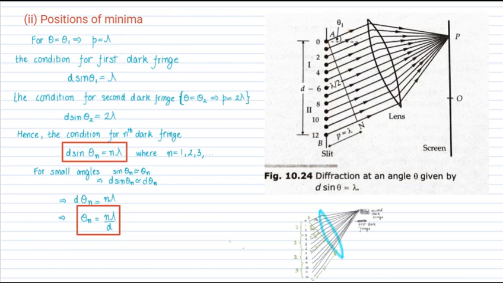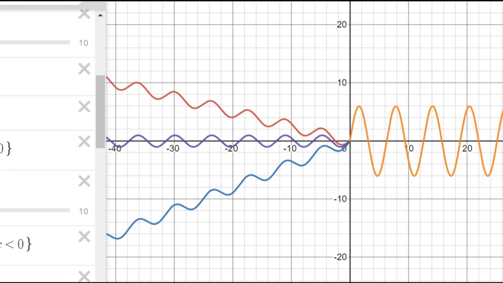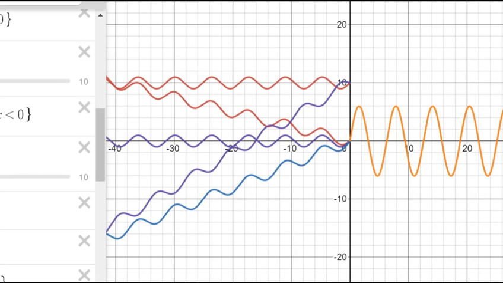So consider the light coming from this point 0 and the light coming from this point 6. Since these two waves are out of phase with each other, what will happen? The two waves will cancel each other and on the screen you will get a dark fringe. Fine.